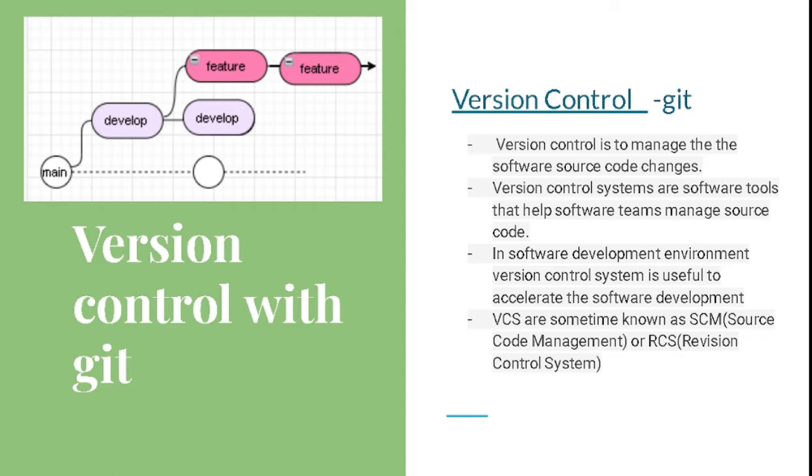Suppose a.jsp and b.jsp are to be changed by the same developer or a different developer at the same time. How could one file having two different developers' code be managed on the remote repository? This is managed by Git. That's why it is called a version control system.